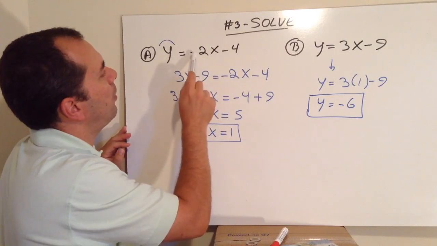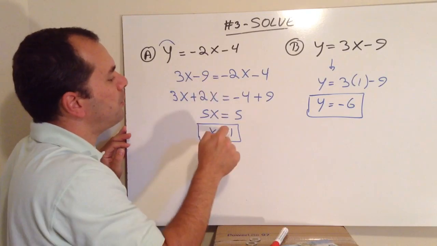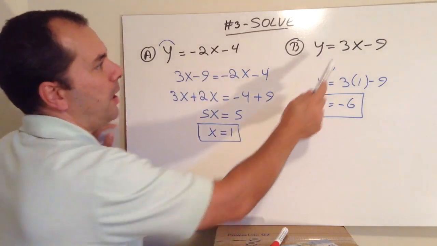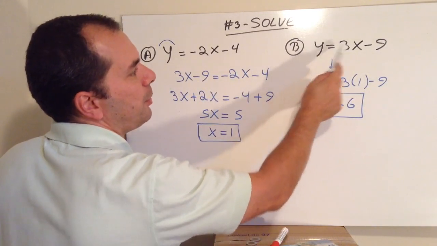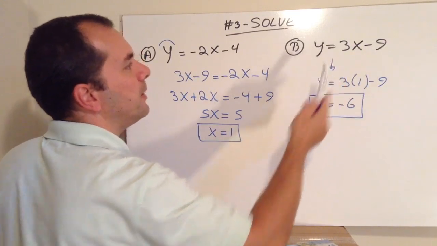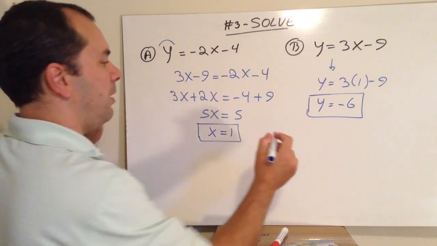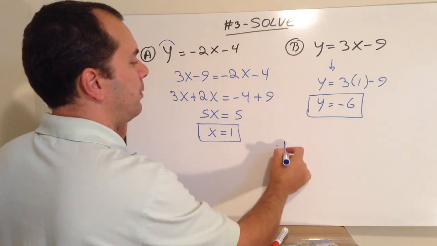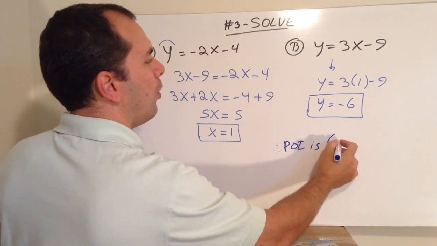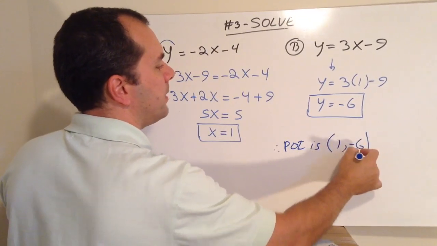Minus 2 times 1 is minus 2, minus 2 minus 4 is minus 6. That works. And in this other one, 3 times 1 is 3, and 3 minus 9 is minus 6. So both of them check. We could have done that formally too. Therefore, the point of intersection is indeed 1 and minus 6.